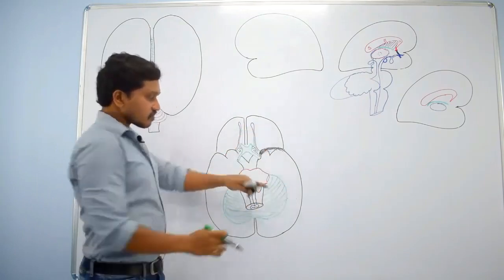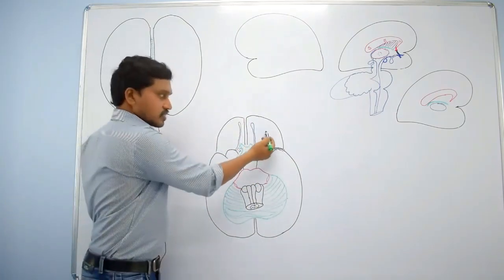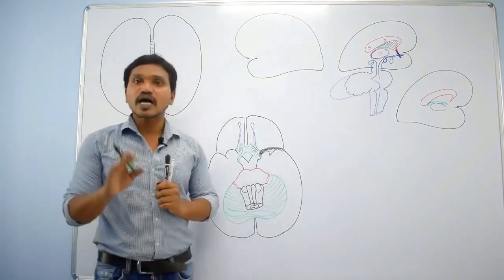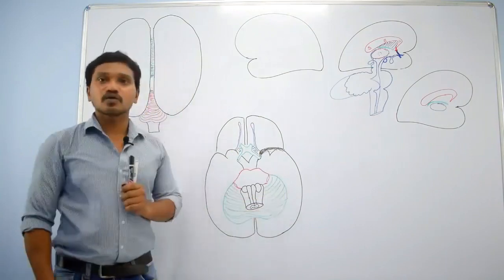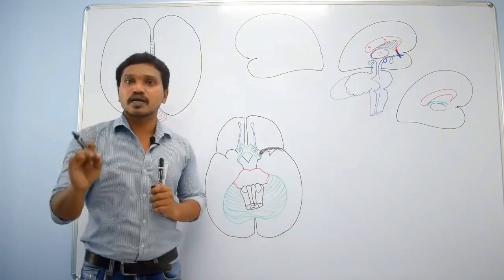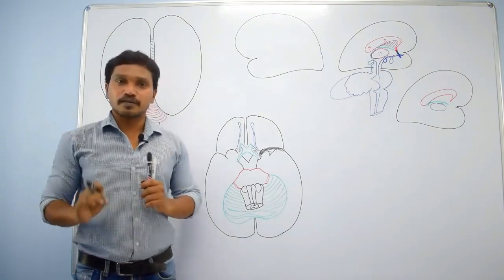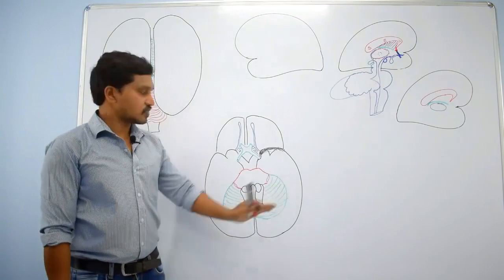Why do we call this the orbital surface? This surface rests over the orbital plate of the frontal bone, and this surface rests over the tentorium cerebelli. I hope you are aware of the tentorium cerebelli; it is a fold of dura mater. So this surface we call the tentorial surface.